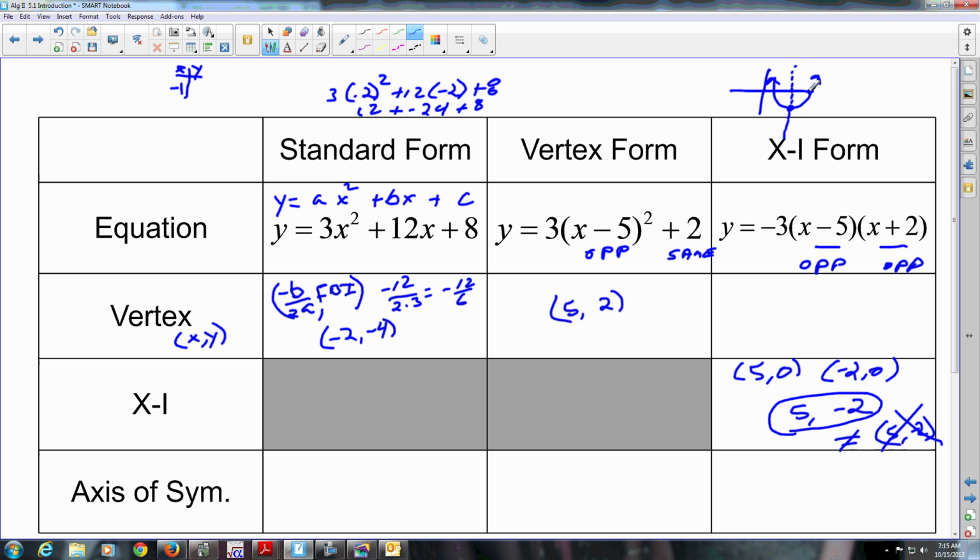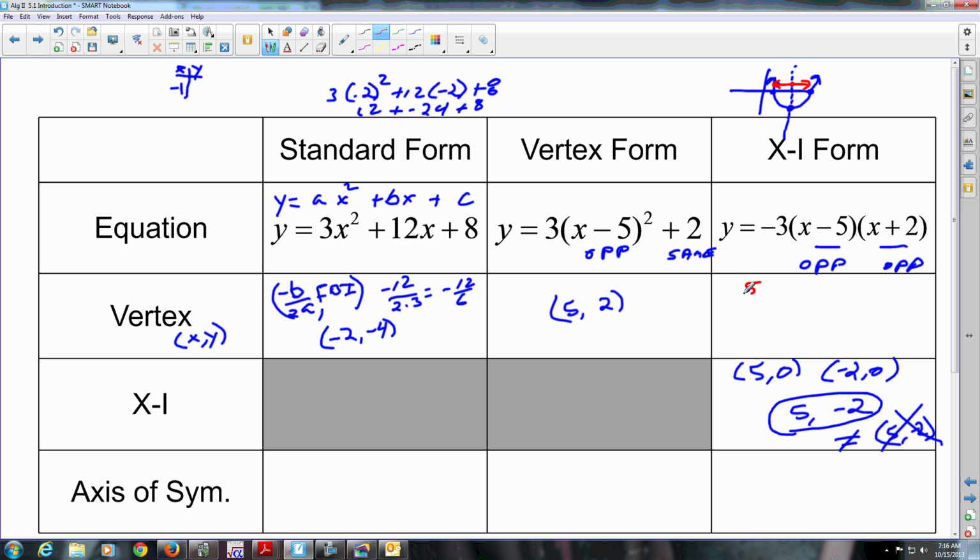These x-intercepts are symmetric about that axis of symmetry. This distance is the same. If it's the same distance on both sides, this is the middle between the two x-intercepts. So if you were to average the two x-intercepts, you would find the x value of the coordinate.